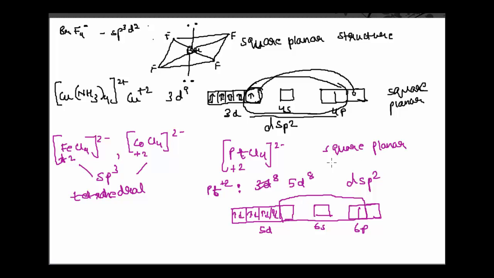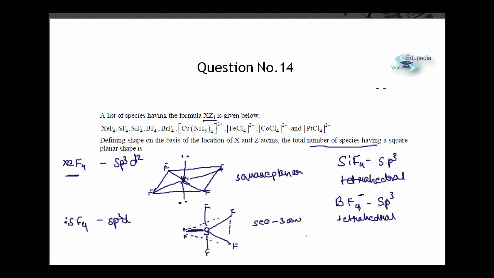You must remember this is a very important point, that for 4d and 5d transition series, all ligands behave as strong field ligands. So if I go back to the question, I will just circle the square planar species for you.